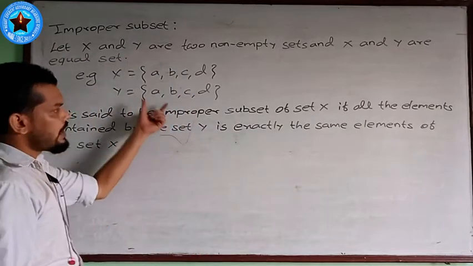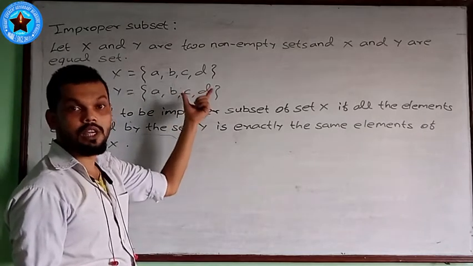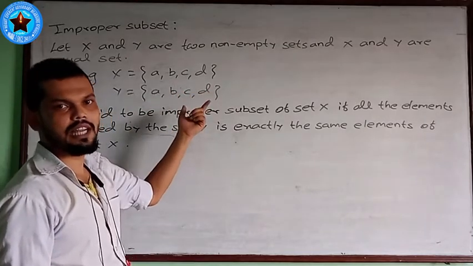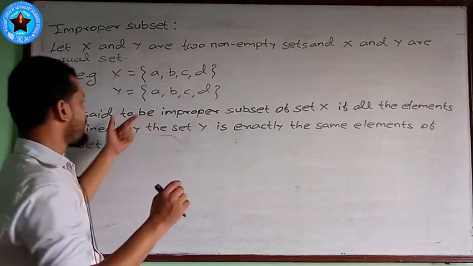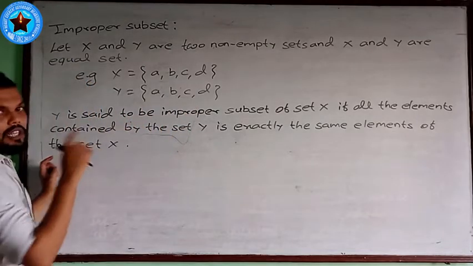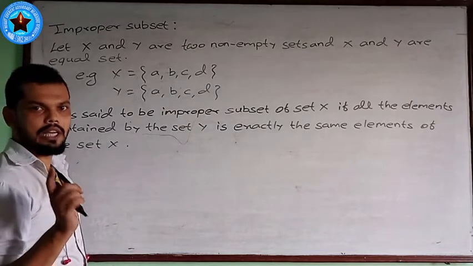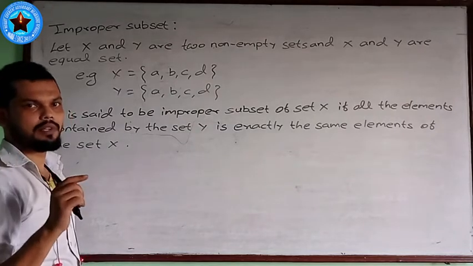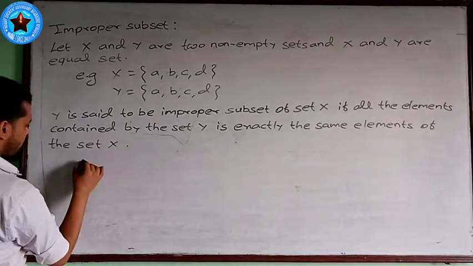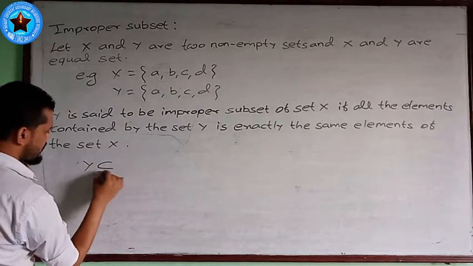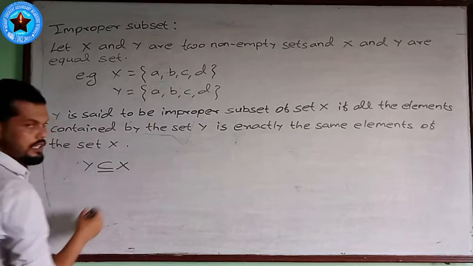It means that both the sets should be equal sets. We can also say that two sets are said to be improper subsets if they contain exactly the same elements. So here y is an improper subset of x.